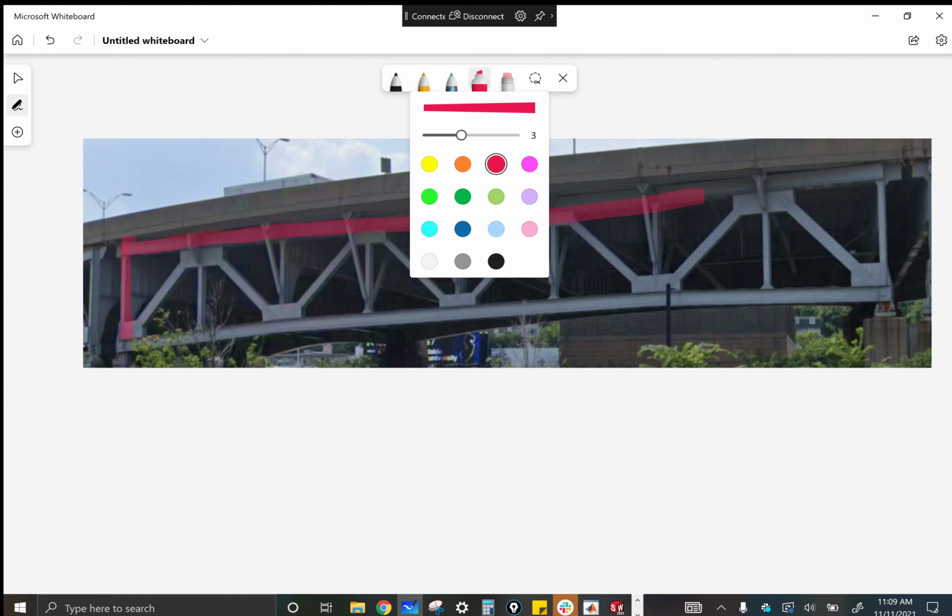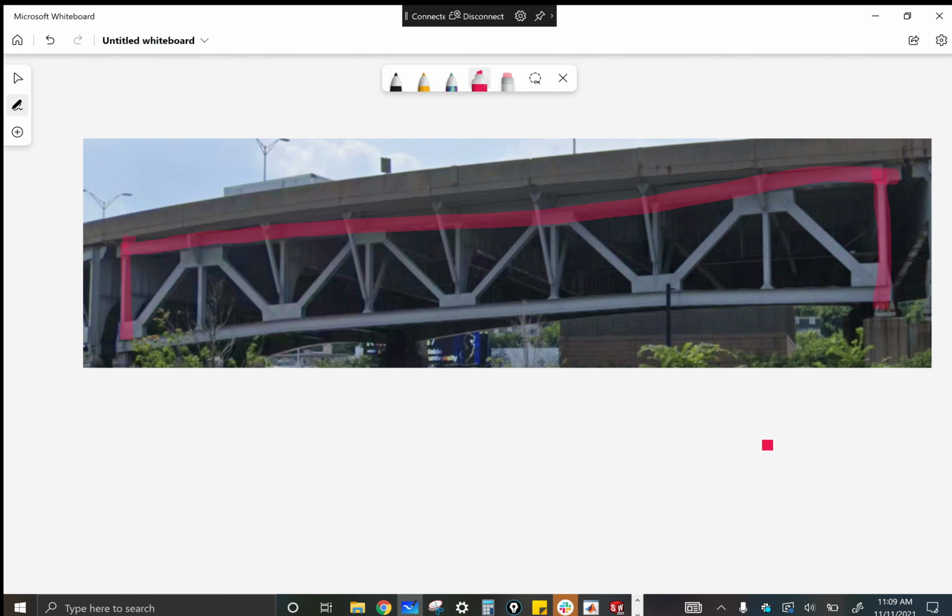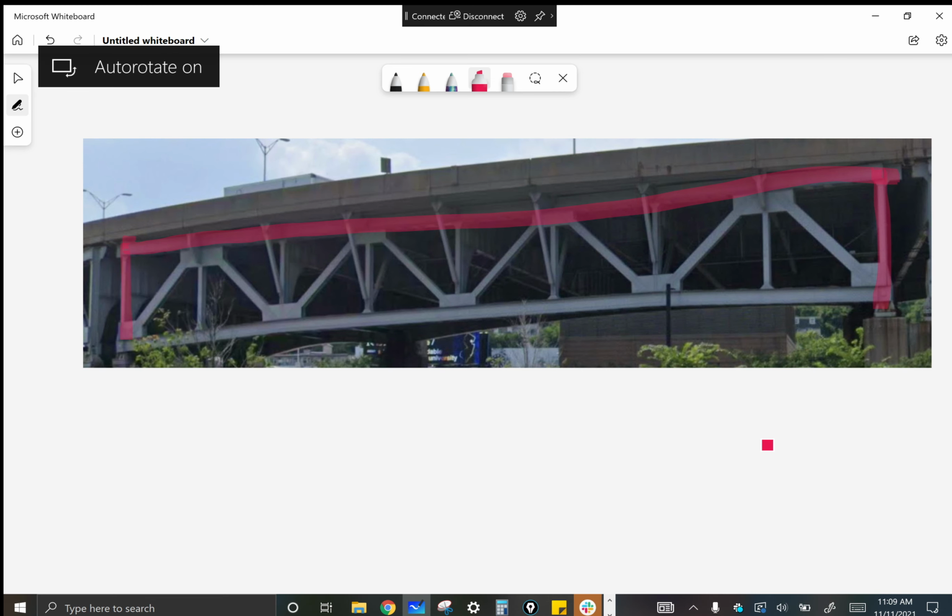So we've got this whole thing. It's part of this larger bridge assembly, but it's clearly the truss that we're talking about, and it's separated out from other versions of the truss. It's sitting on two connecting points.